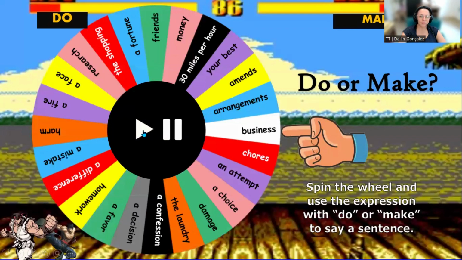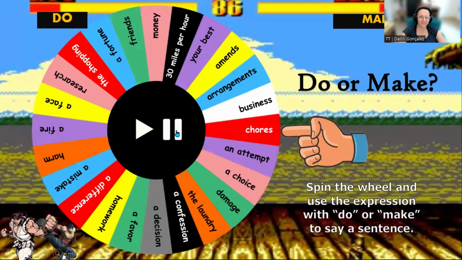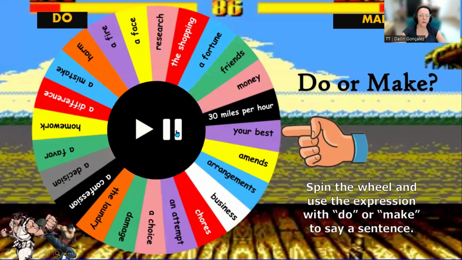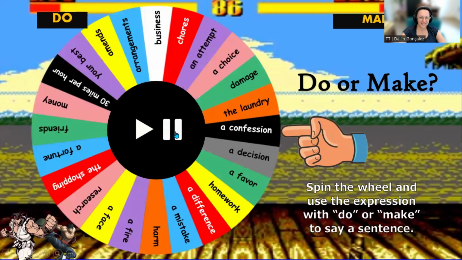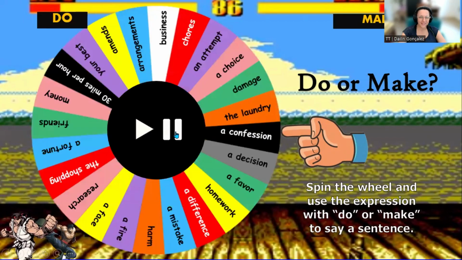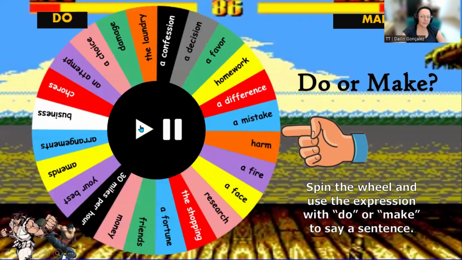Business. Create the question and the answer. Your best. Create the question and answer it. Don't forget. The laundry. 2 more.